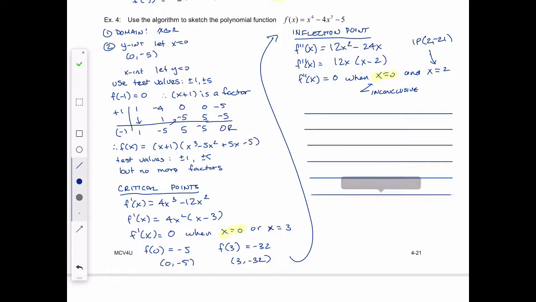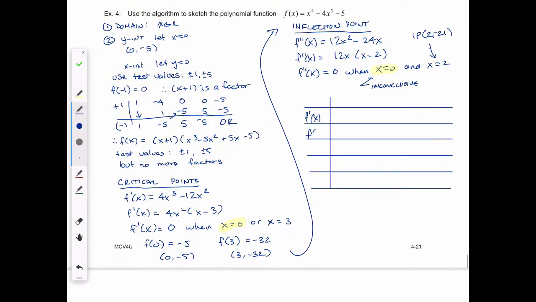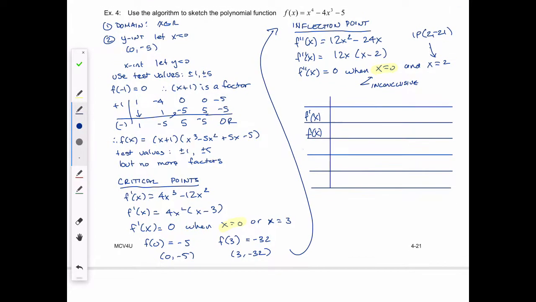And what I'm going to have is my f prime of x, my f of x, my f double prime of x, my graph of f of x, and I have my sketch of f of x.